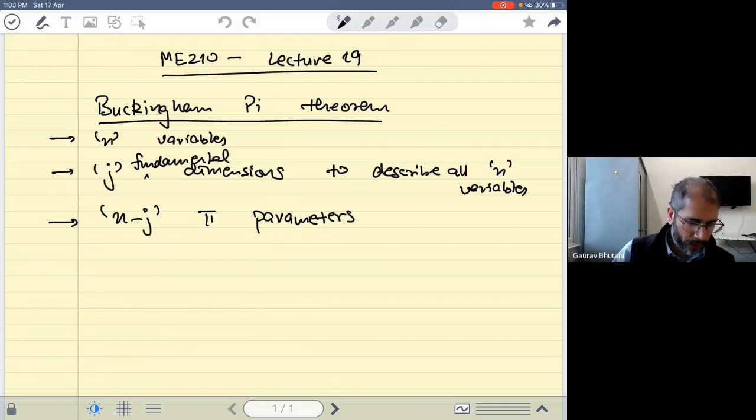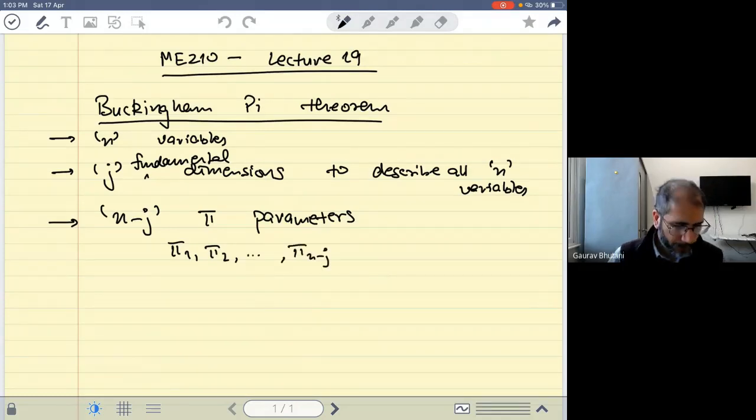We can find these n minus j pi parameters, which we'll write as pi 1, pi 2, till pi n minus j. And then the final functional relationship between the n variables can simply be written as a relationship between these pi parameters.